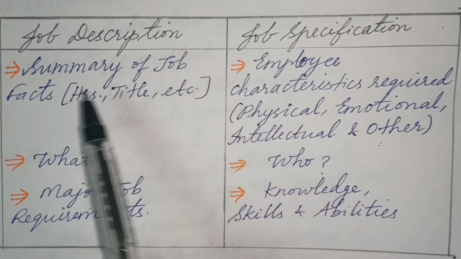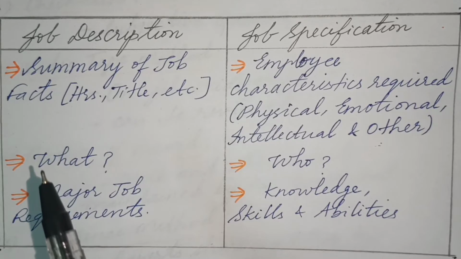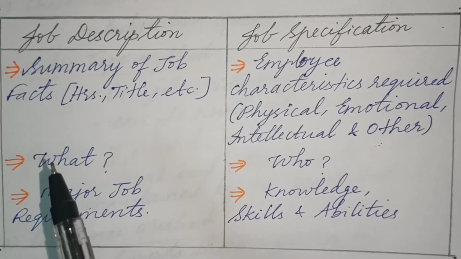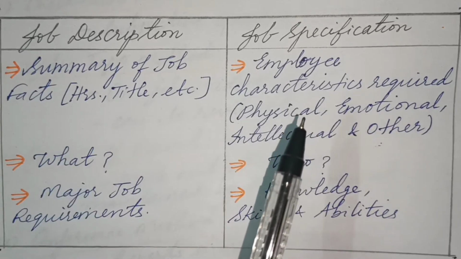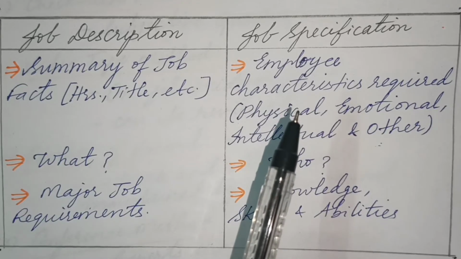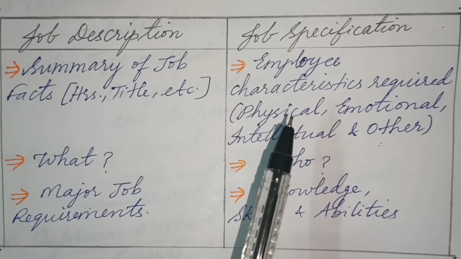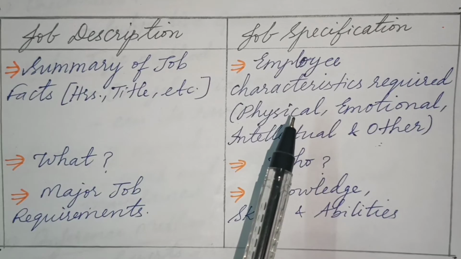Job description is a summary of job facts, and these facts include the job title, the number of hours a person has to work to finish this job, the working conditions in which the person has to work, and the responsibilities of a person who is employed for this job, who he'll be reporting to, etc. While job specification, even though it sounds similar to job description, is very different because it means the employee characteristics that are required to perform this particular job.